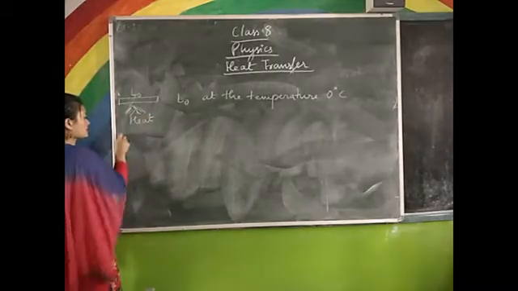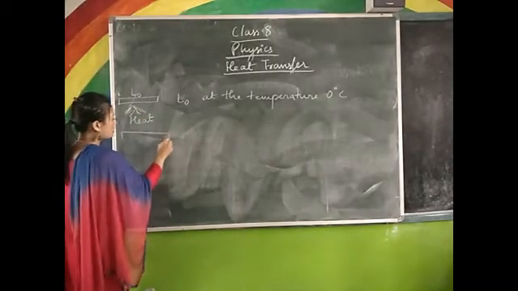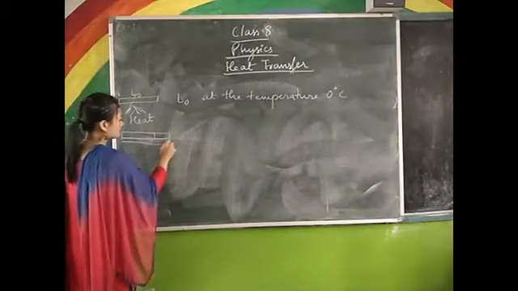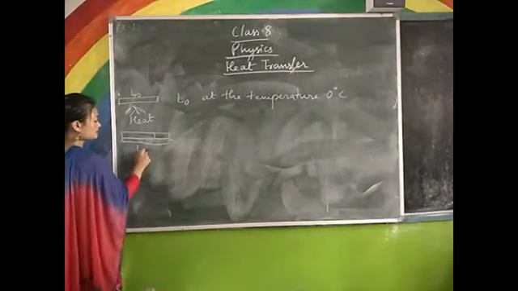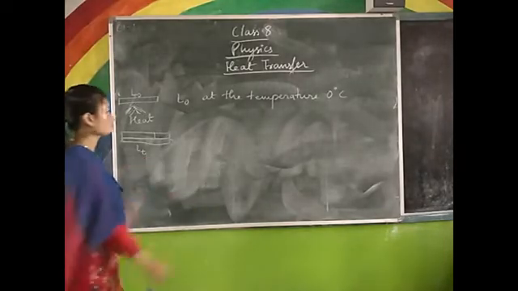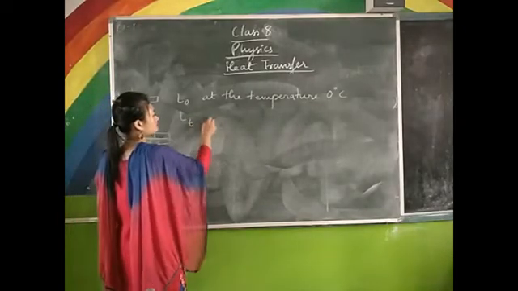And when the temperature rises, what happens to the length of the rod? The length of the rod increases. And let the new length be LT, where T stands for temperature.